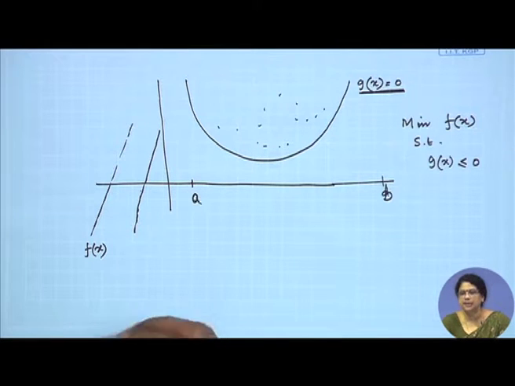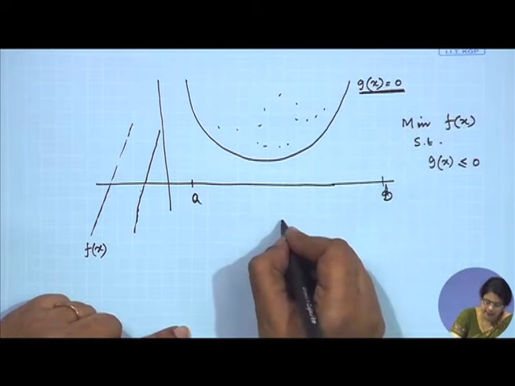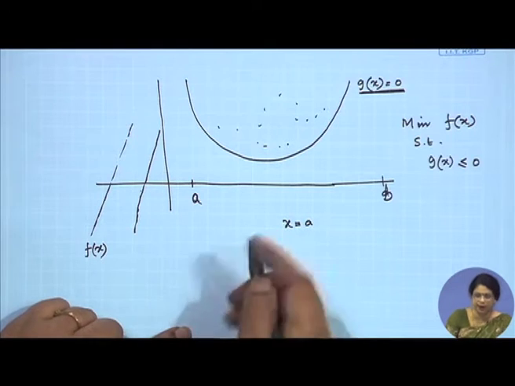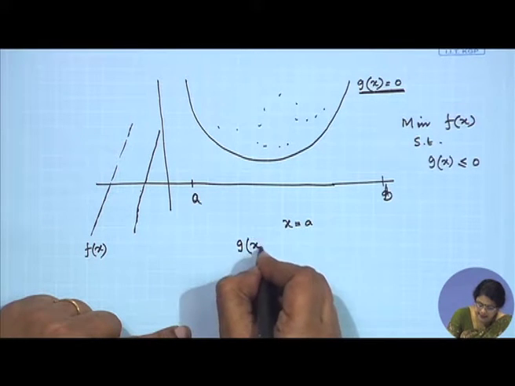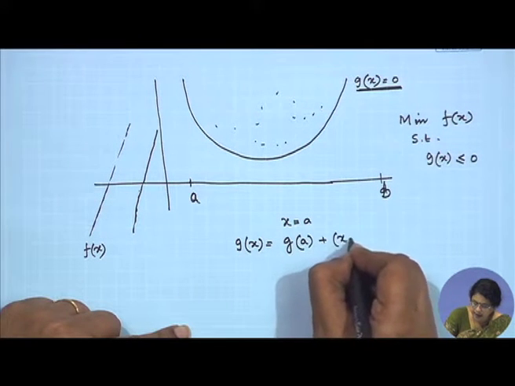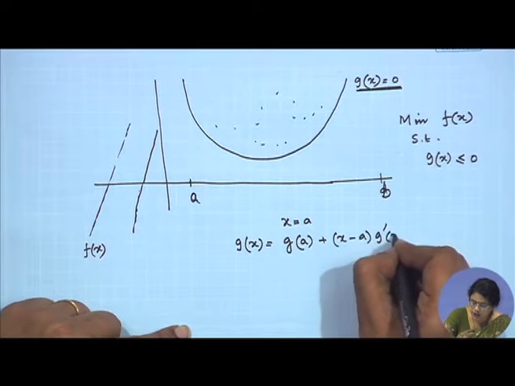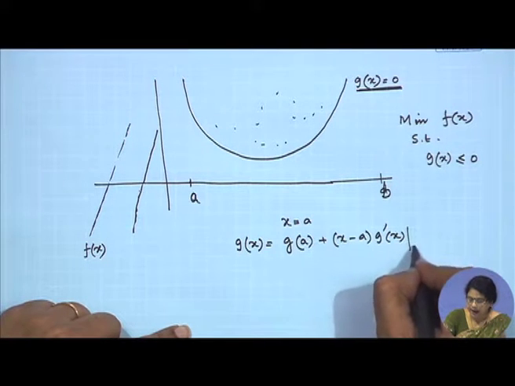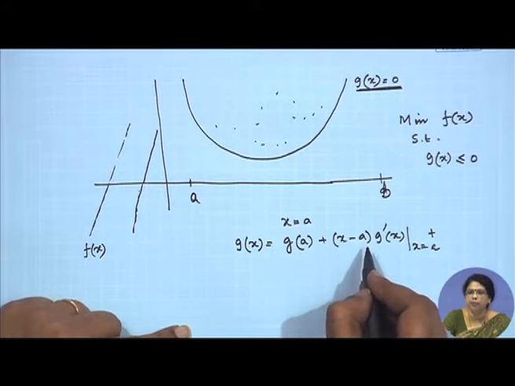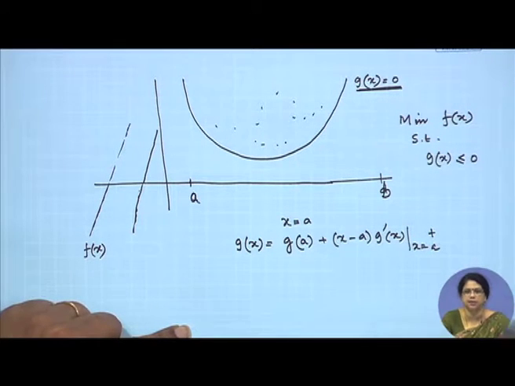We know Taylor's theorem. Through the Taylor series, any nonlinear function can be expanded at a point. If I expand g(x) at the point x equal to a, it can be written as g(x) equal to g(a) plus (x minus a) g dot at x equal to a, plus (x minus a) squared by 2 factorial g double dot, and so on.